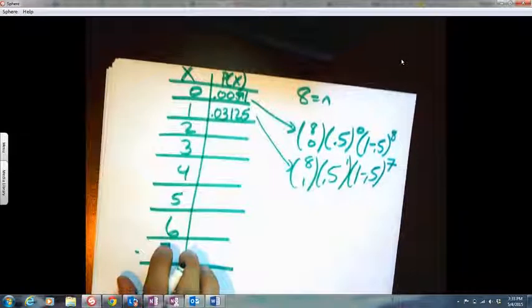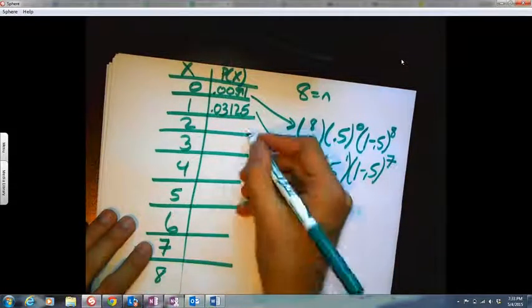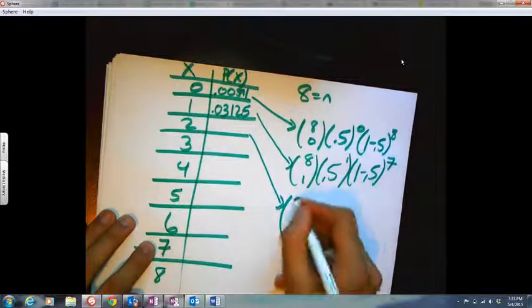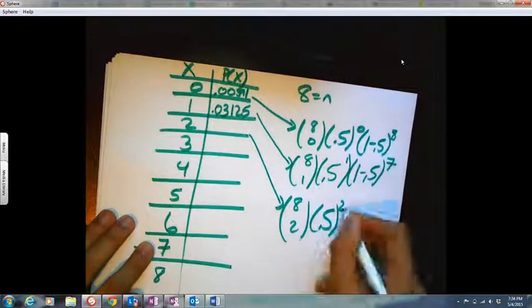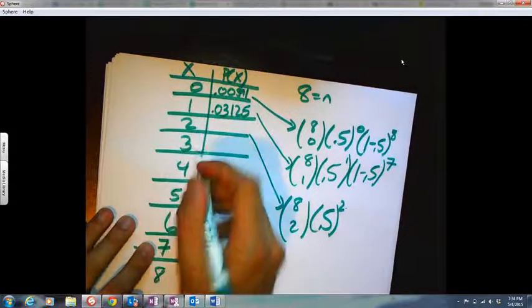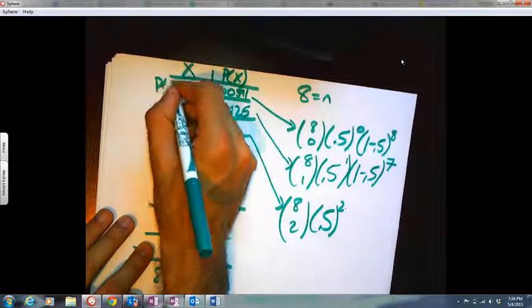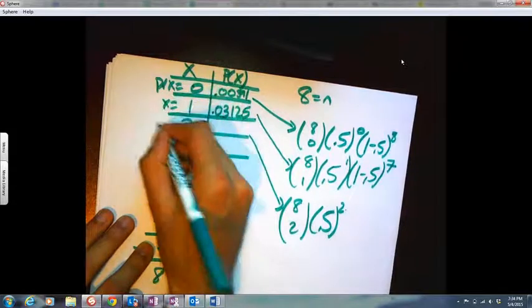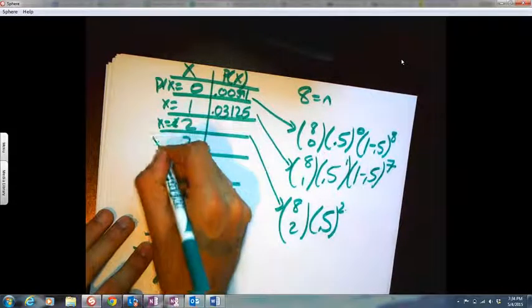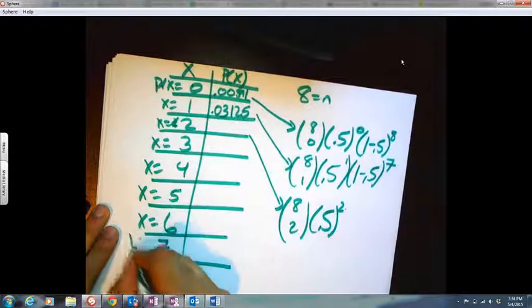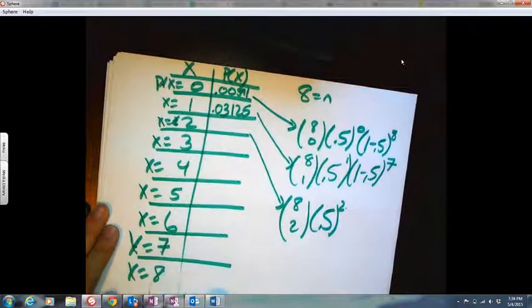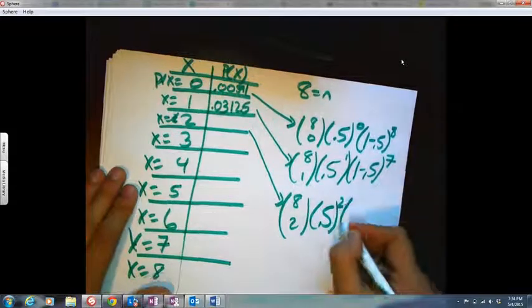Now what about number 2? Well, here it is 8 choose 2, 0.5 to the 2nd power. Why second? Because we're saying the probability that x equals 2. This is the probability x equals 0, x equals 1, x equals 2, x equals 3, x equals 4, x equals 5, x equals 6, x equals 7, x equals 8. And then 1 minus 0.5 to the 6th.